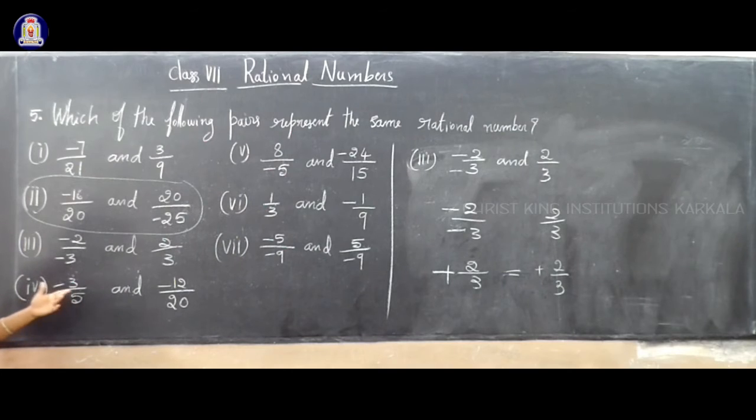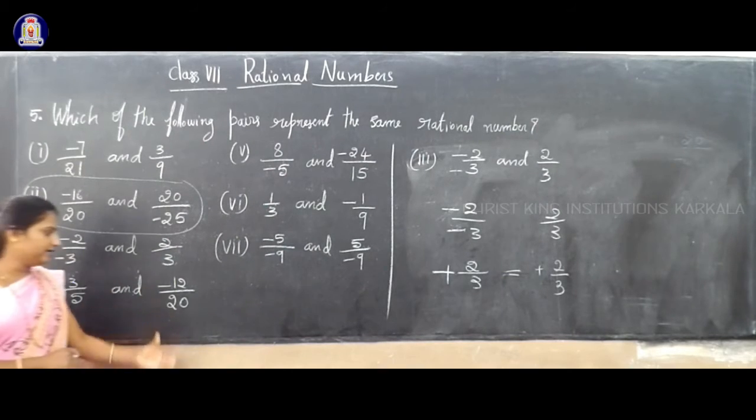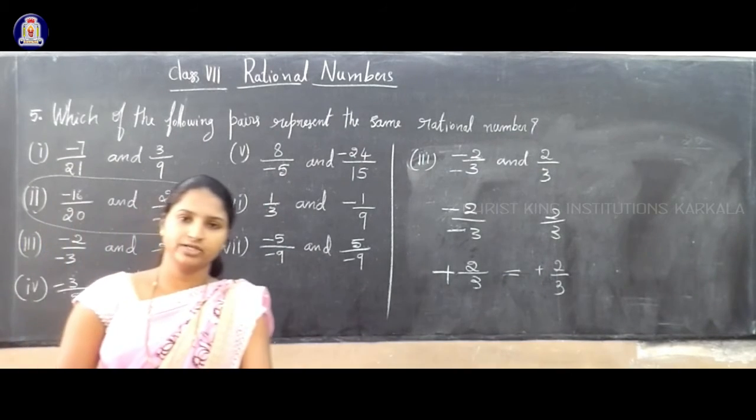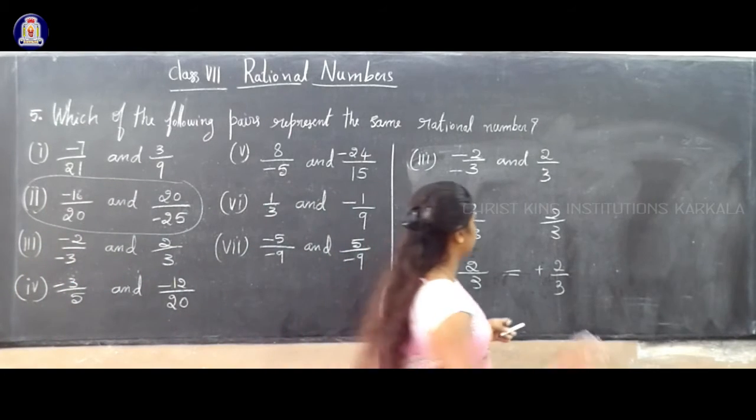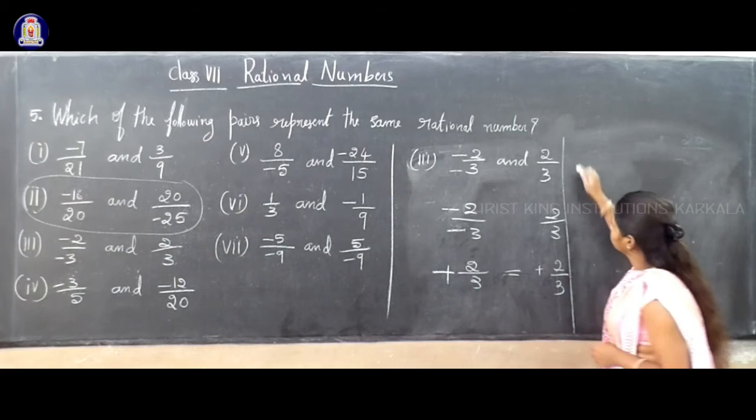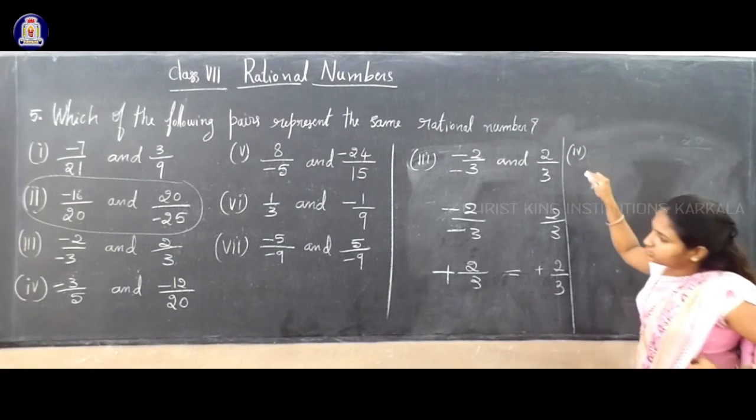See the question: -3 by 5 and -12 by 20. This is the fourth question.